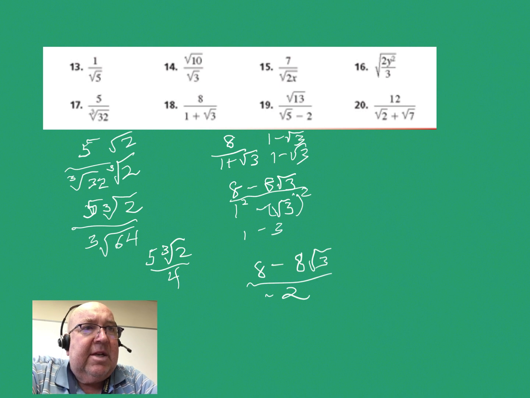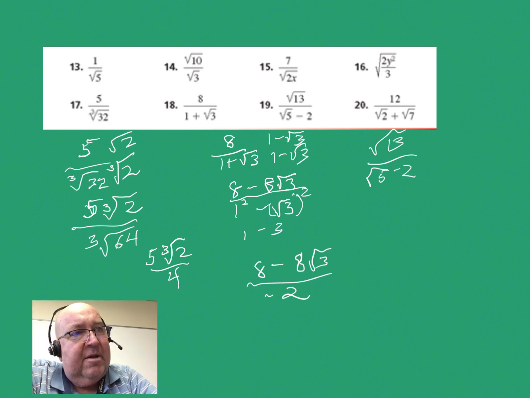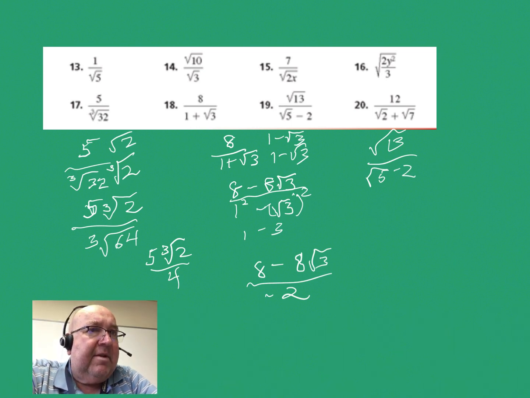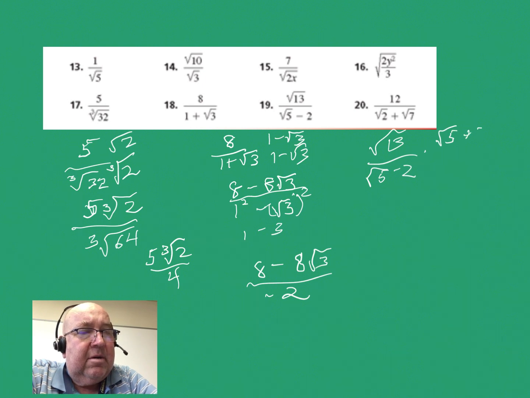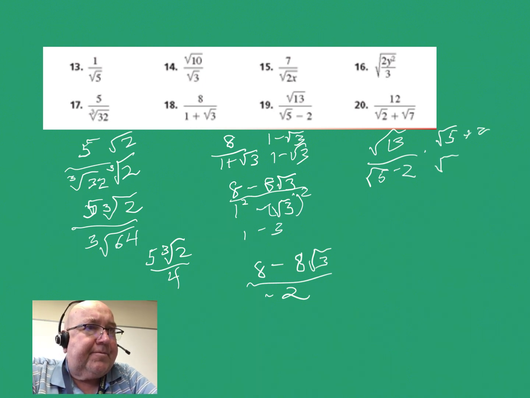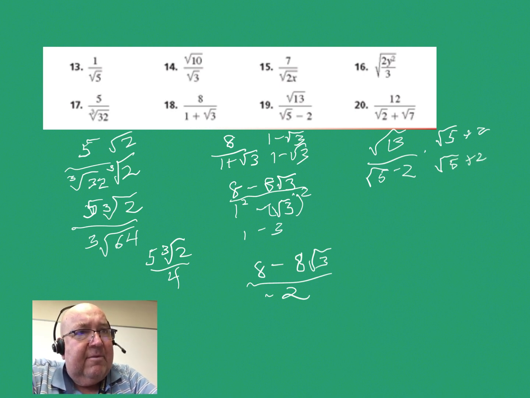Okay, number 19, we have radical 13 over radical 5 minus 2. We're going to multiply by the conjugate, which is going to be radical 5 plus 2. Simplify that, we're going to get radical 65 plus 2 radical 13 on the top.